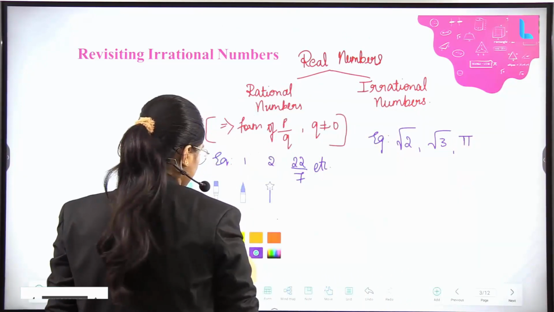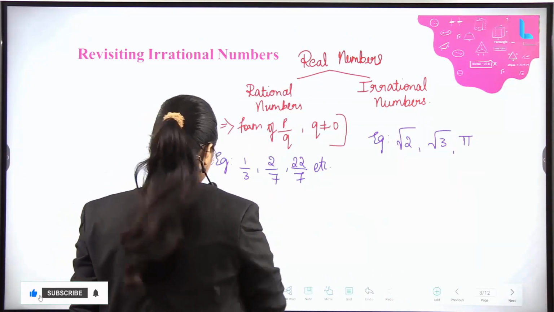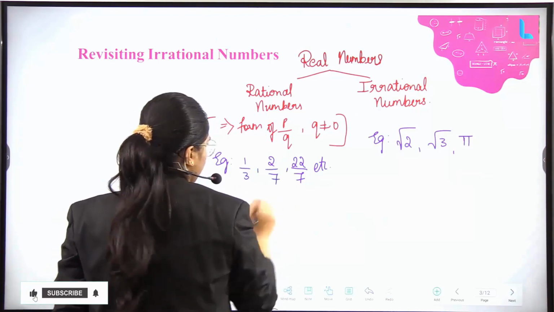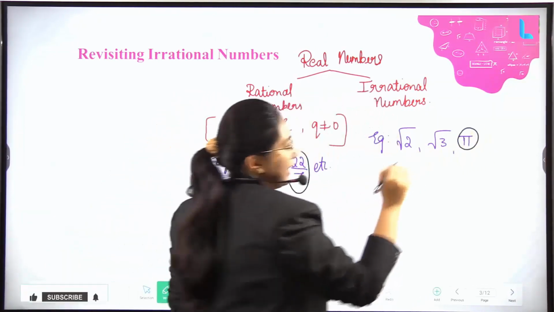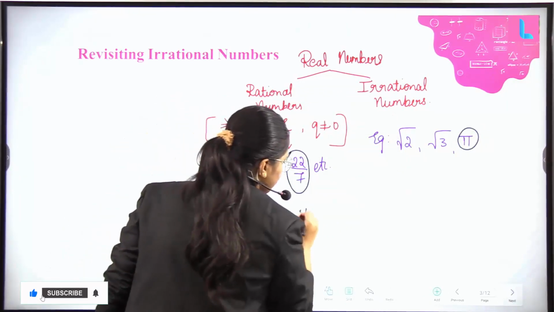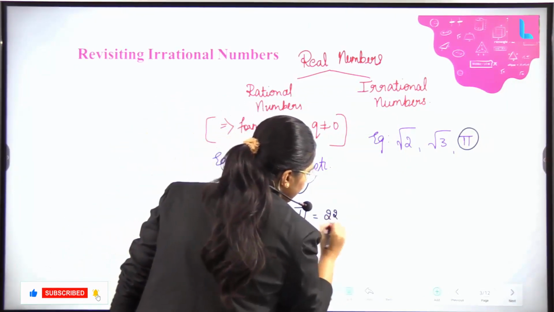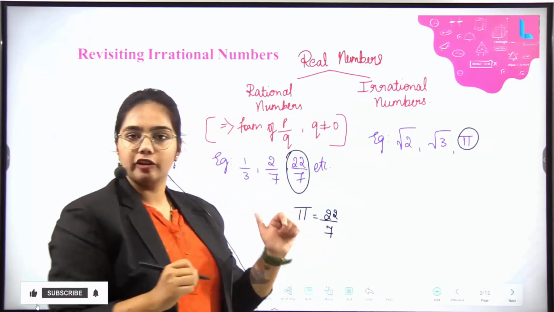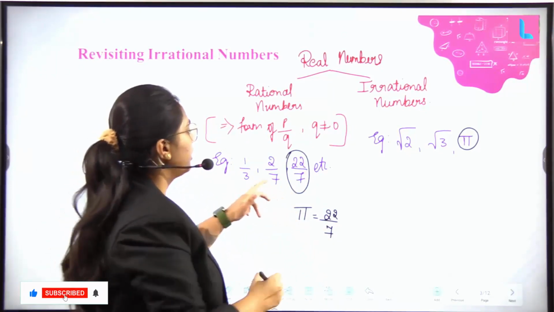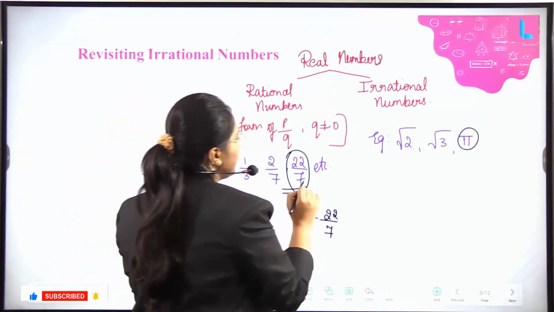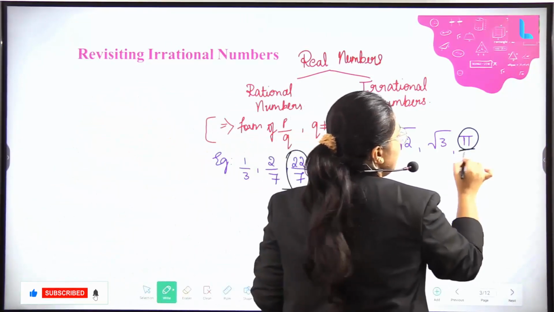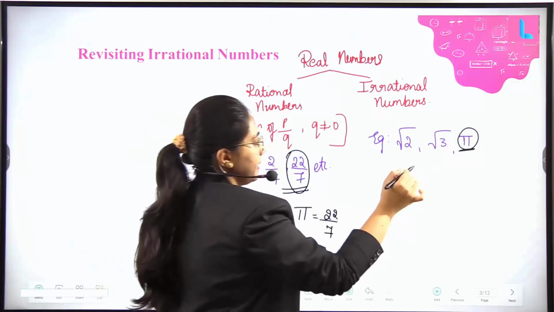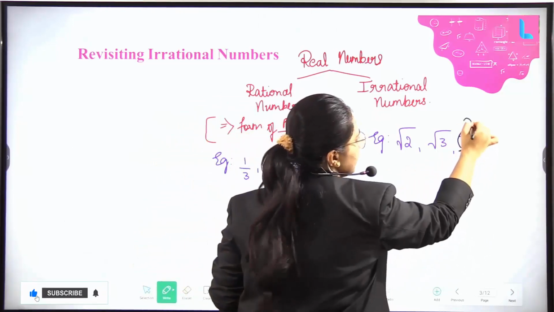Here, if you can observe, I have written 22 upon 7 and I have written pi. 22 upon 7 is often taken as the value of pi. But 22 upon 7 is separately an example of a rational number, while pi, which is not elaborated, we cannot just write as 22 upon 7.